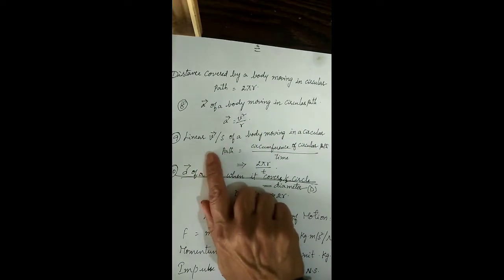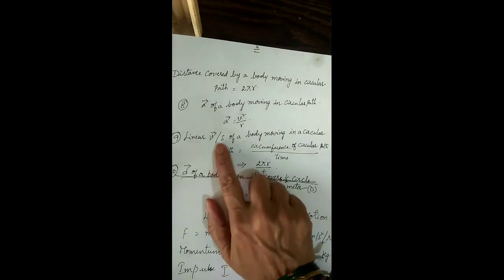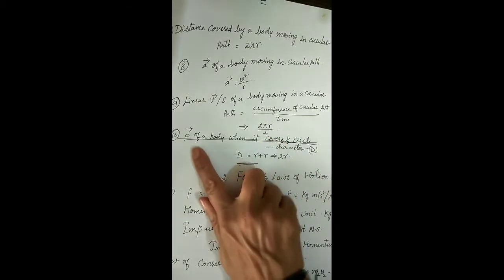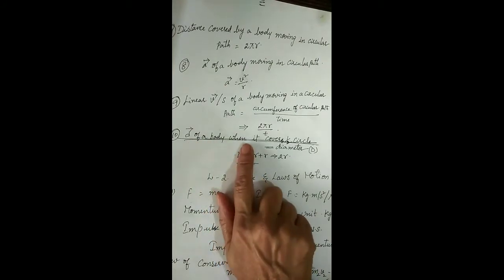The linear velocity or speed of a body moving in a circular path is the circumference of the circular path by time, that is 2 pi r by t. The displacement of a body when it covers half of the circle is equal to the diameter. So d is equal to r plus r.